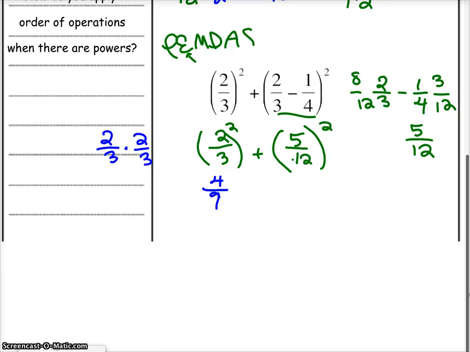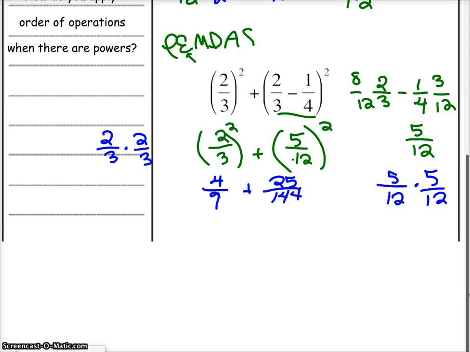Now 5/12 squared. Notice with these fractions, it's ugly. I got a lot of side work going on, but my main strategy I keep in one area. My little side work I put to the side, and then I have the prettier process in the middle. So 5/12 squared is 5/12 times 5/12, which is 25 over 144.